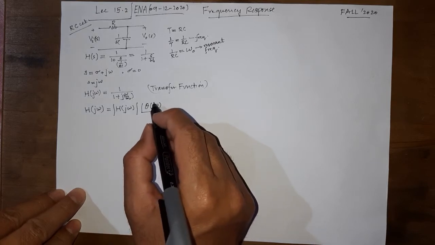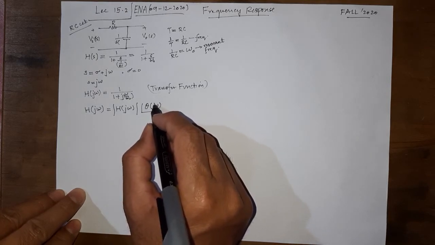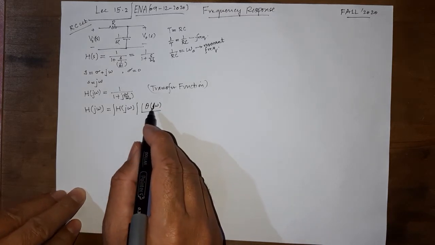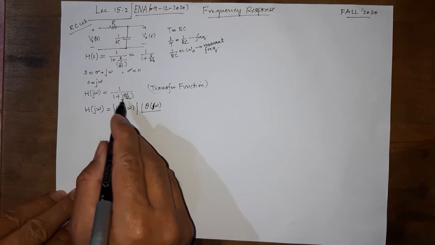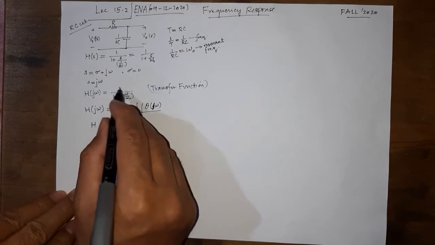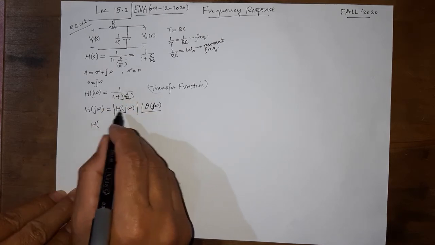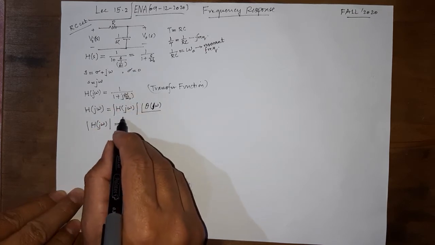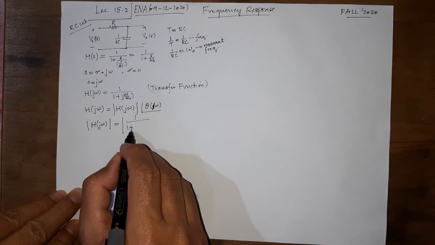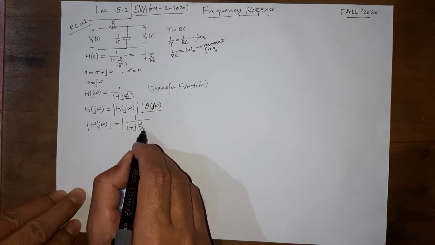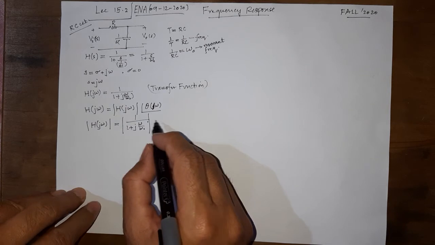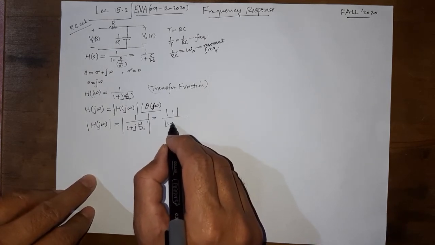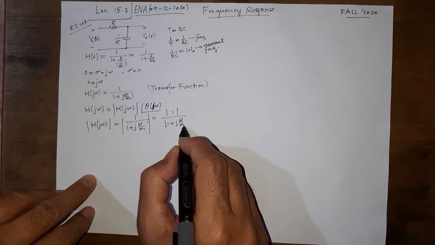Or rather, I think it is in fact theta omega, because there is not going to be any j in this. We clearly know that we can find this out. The magnitude of H of j omega would be equal to the magnitude of 1 over 1 plus j omega over omega naught, which is the magnitude of 1 divided by the magnitude of 1 plus j omega over omega naught.